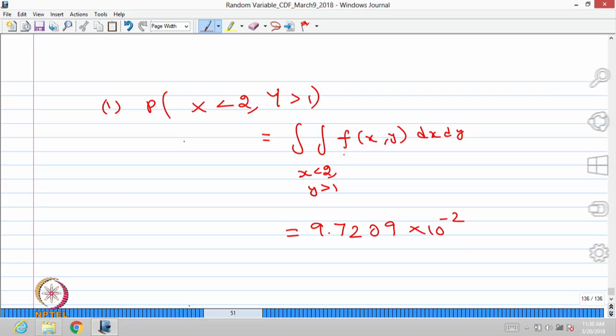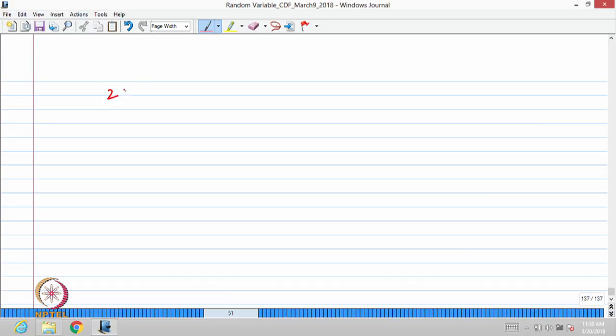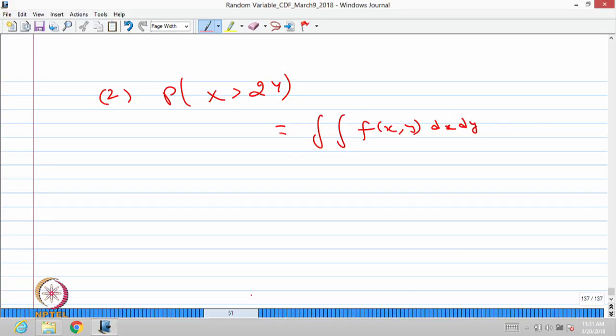We will go for the second problem. Find the probability of x is greater than 2 times y. This is also in the similar way, double integration of the joint probability density function over x greater than 2y.